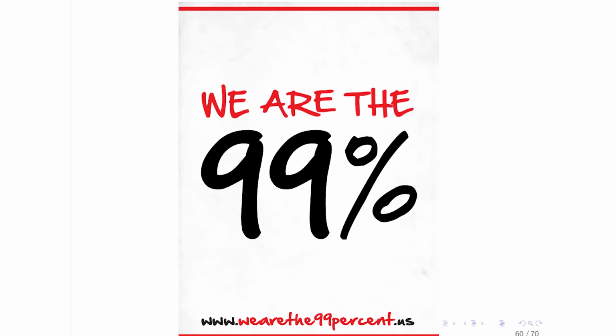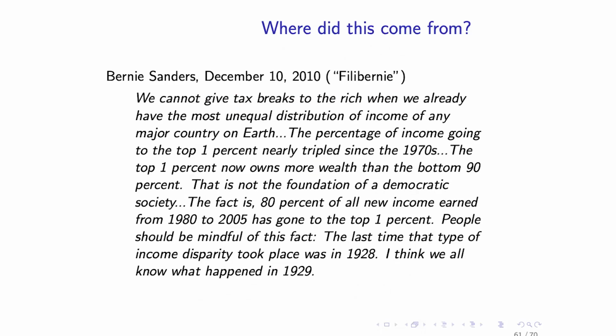But where did they get it from? We've been talking a lot about Republican presidential candidates, so let's even the balance and talk a bit about the Democrats. I was trying to trace the 99% history. My best guess, my best answer at the moment, is that it comes from this one speech.